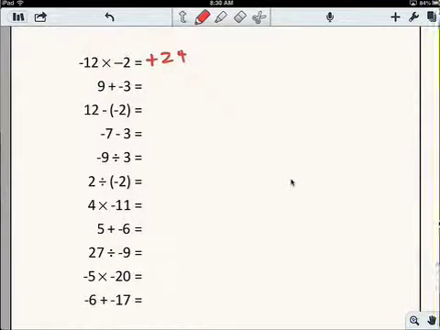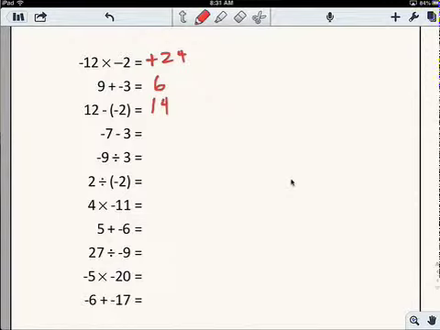All right, so 9 plus -3. That's really like 9 minus 3. That's +6. 12 minus -2. That's really like 12 plus 2, and so that's 14, because subtracting a negative is just like adding.